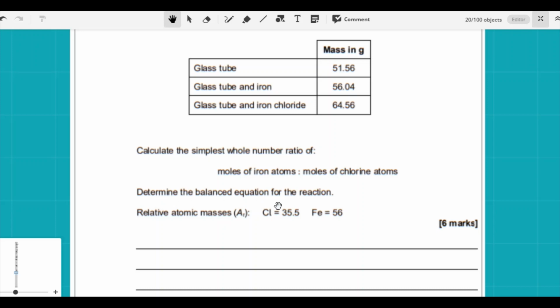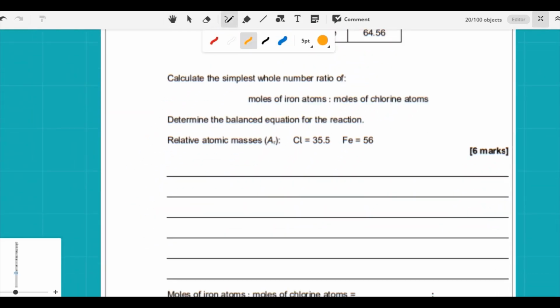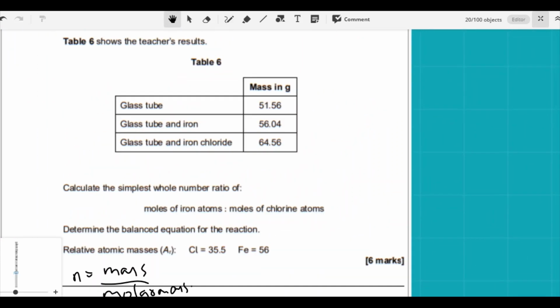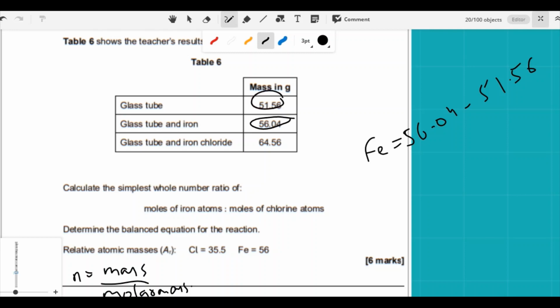So it means first, for the moles of iron, as you know that mole is equal to mass divided by molar mass. So we need to first identify the exact mass of iron and exact mass of chlorine. For iron, I am going to write Fe. So collectively it is 56.04 minus 51.56. Because when you subtract the glass tube mass, then the iron mass will equal 4.48.